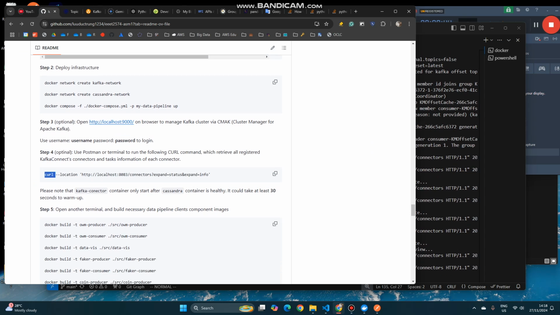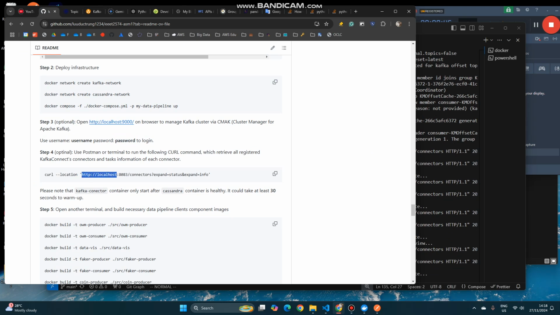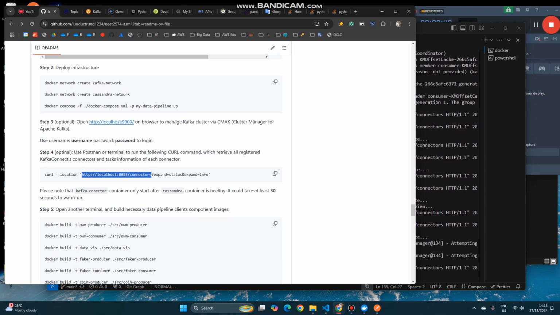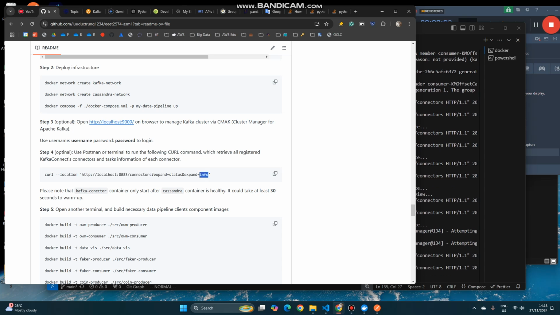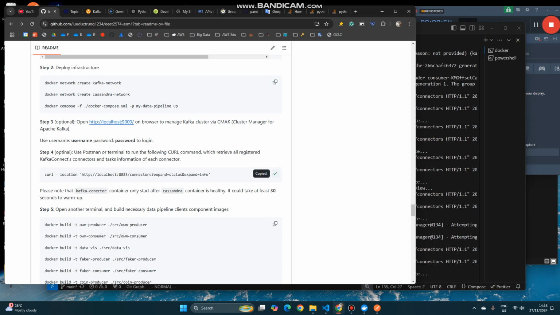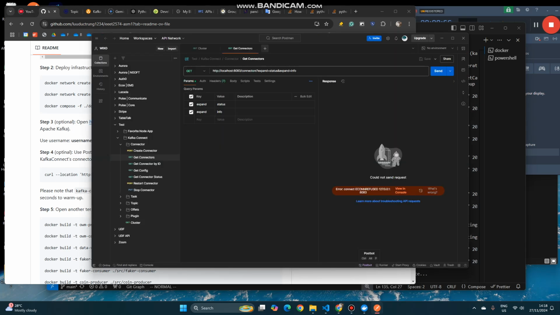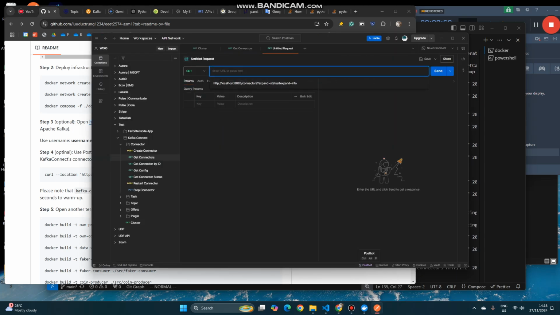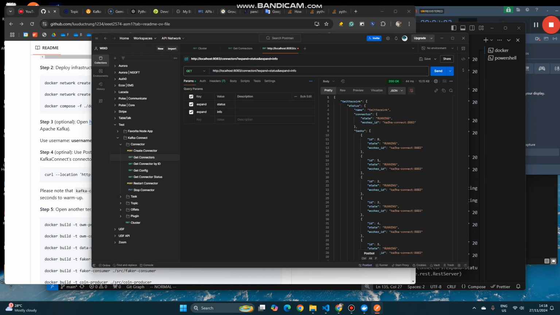We're gonna make an HTTP request to Kafka Connect to get the connector status and information. Okay, let's copy this one, open a terminal and paste this in here. Run it. So you see that the Twitter one is running.